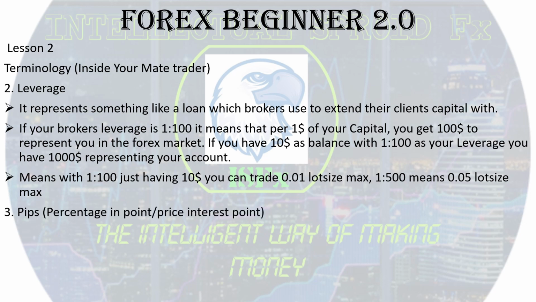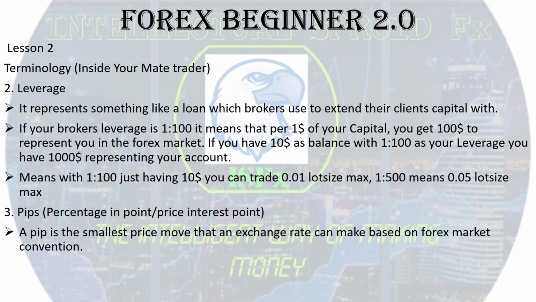And then let's get to another one, which is pips. The acronym pips means percentage in point, or price interest point. It essentially defines your price; it's more like a measure of your price.